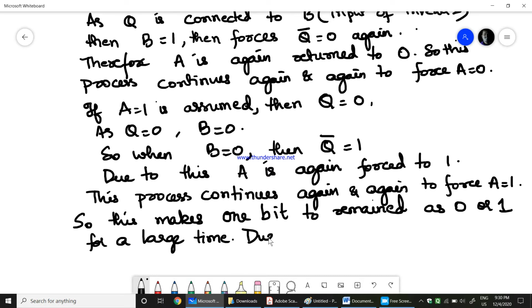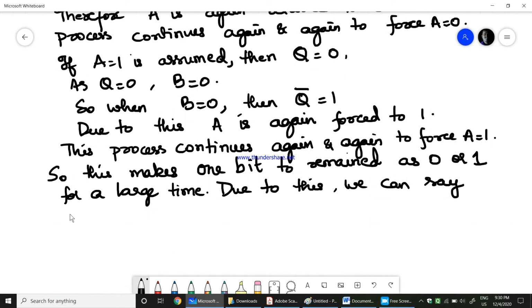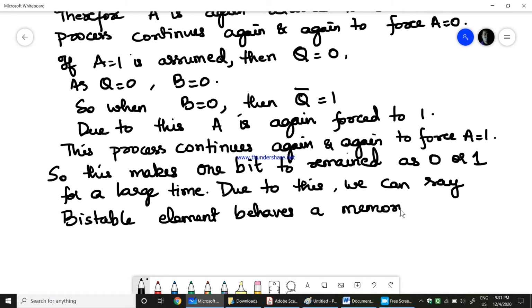Due to this, we can say bistable elements can be used as 1-bit memory. We can say the bistable element behaves as a memory unit which can store 1-bit information.